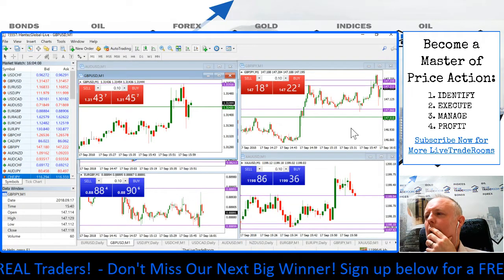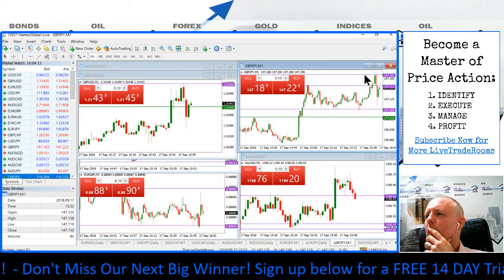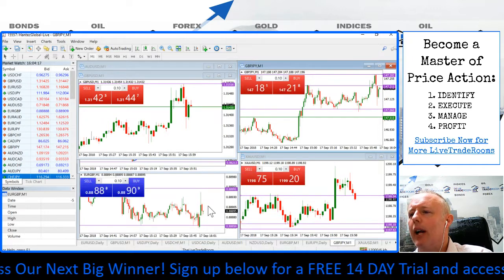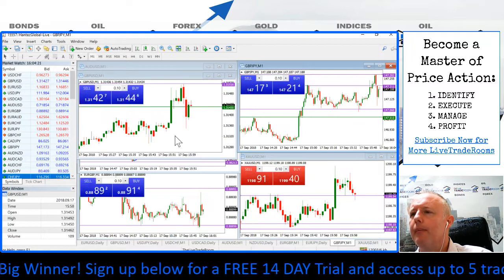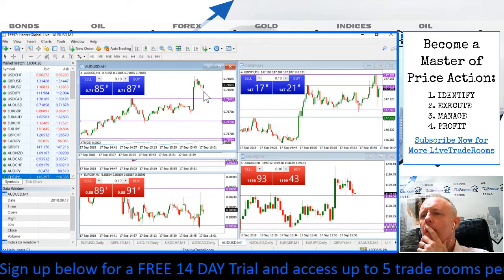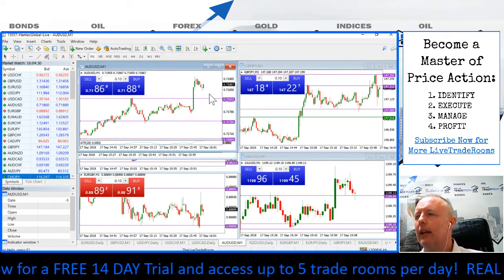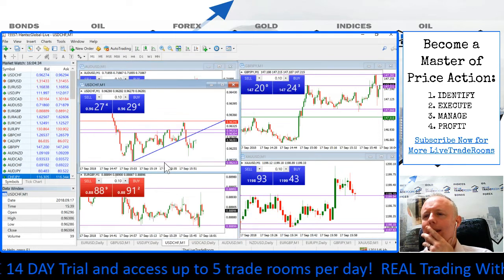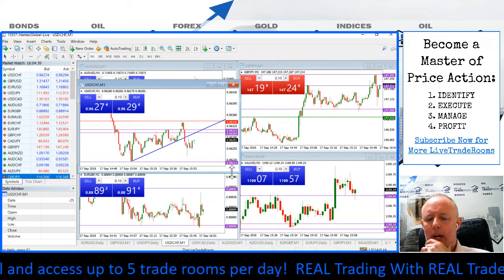These are the levels that are now worth focusing on, because we've had our impulsive move to the upside and now we're getting quite an impulsive move to the downside. To get into the long side on the Aussie dollar, we'd like this market to pull back even further than these levels. So let's see if we can get a comprehensive understanding about some of these markets right now.